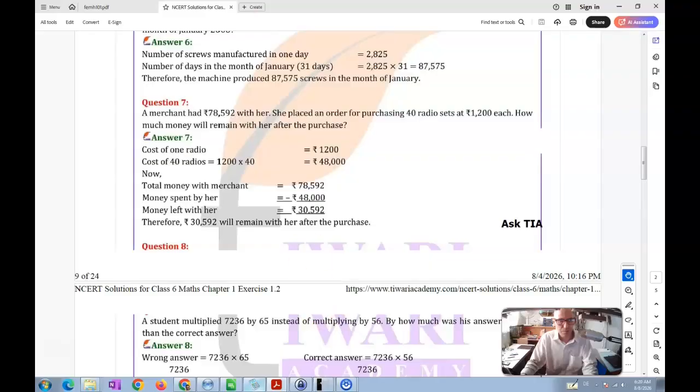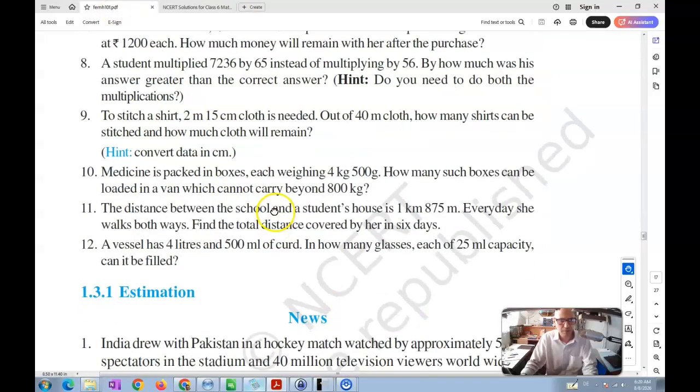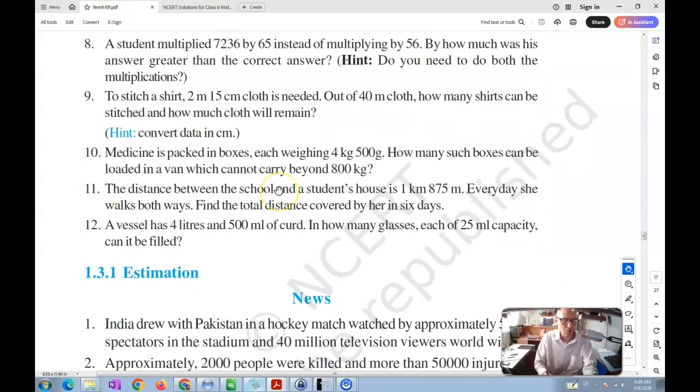Okay, so now the next question that we have is: a student multiplied 7,236 by 65 instead of multiplying by 56. So he has made a mistake. Instead of multiplying by 56, he has multiplied by 65.